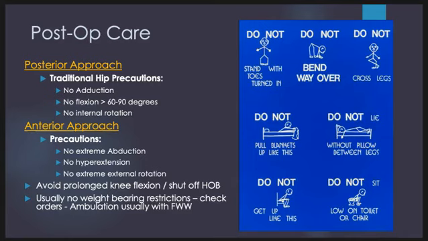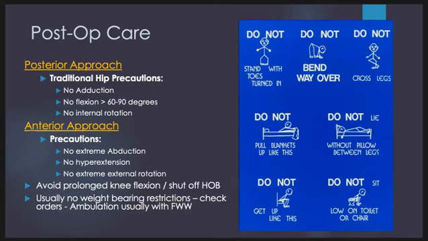With post-op care, again, postural restrictions for hip replacements are going to depend on what kind of approach the surgery team or the surgeon had. So with posterior approach in the surgery, patients must follow traditional hip precautions.